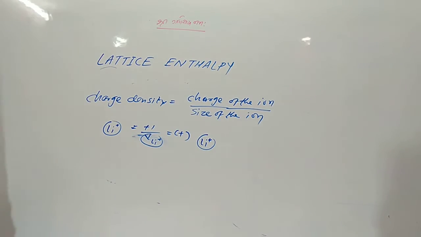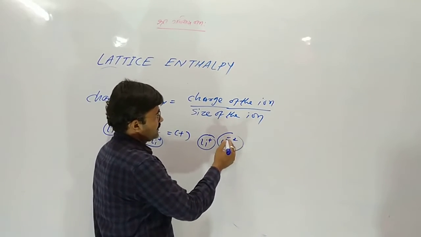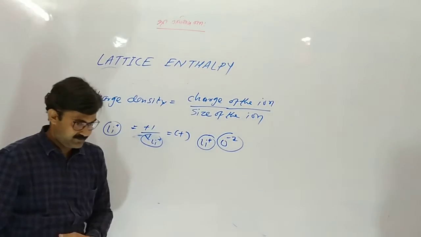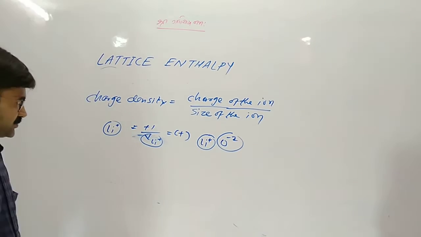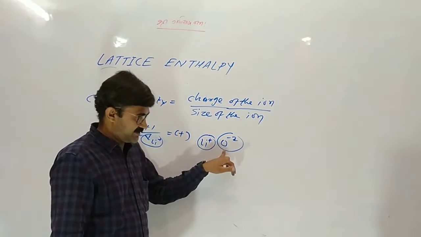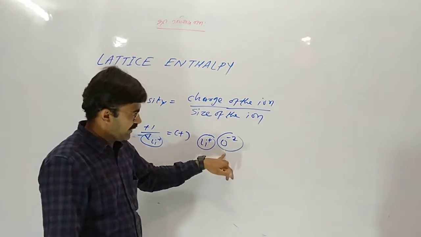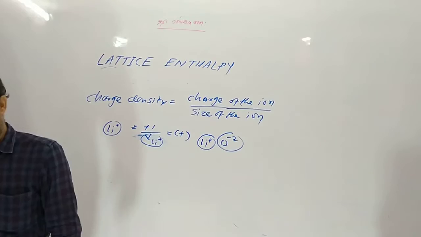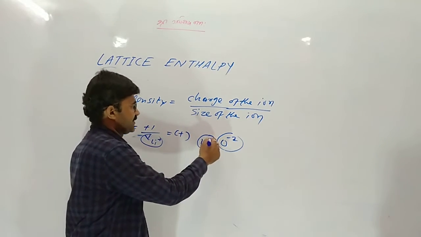Charge density is high. So when it combines with oxygen, lithium never allows that oxygen to combine with another. I have to combine only with me, you must not allow it. Why? The reason is that charge density is highest.